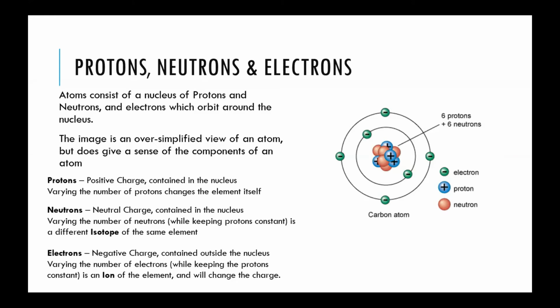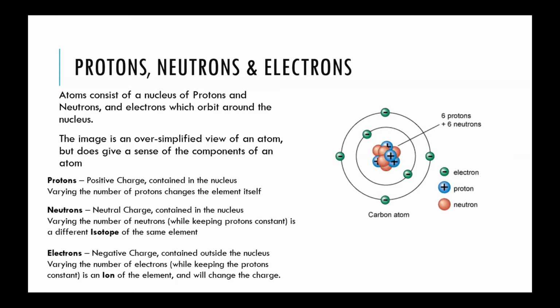The last component of an atom is the electrons, and these are found outside of the nucleus, where the protons and neutrons are condensed in the center. The electrons are surrounding that nucleus.